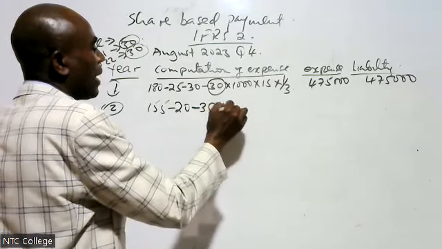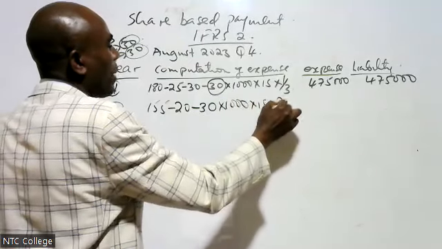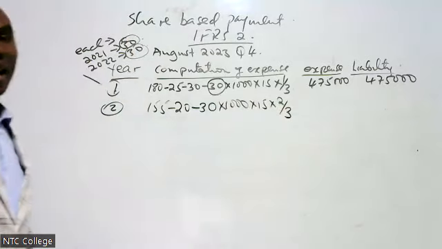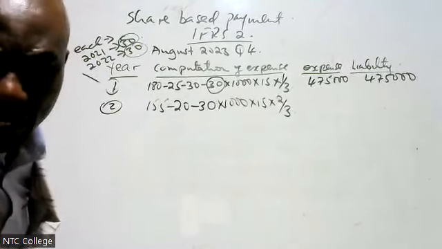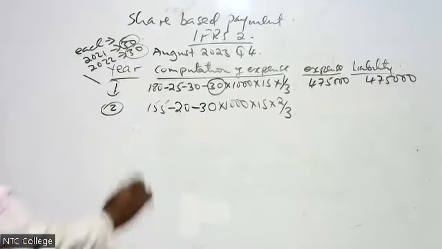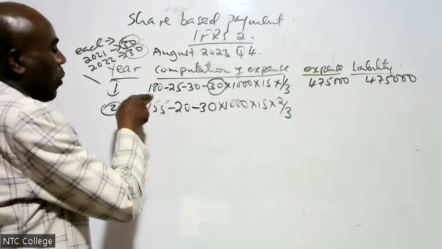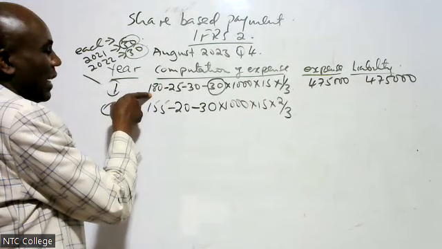Then I multiply by 1,000. I multiply by 15. I multiply by 2 over 3 like that. Where did you get 155? I got 155 because total employees were 180. Listen very carefully. Total employees were 180.